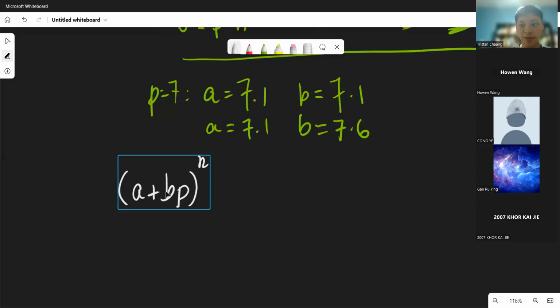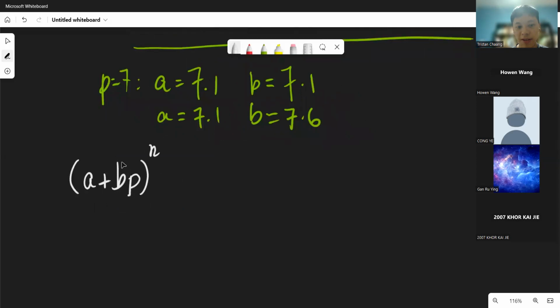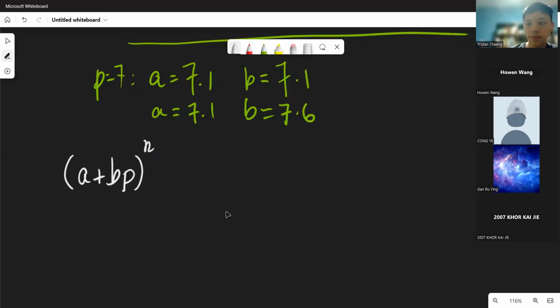Could be a multiple of p, may not be a multiple of p. But we can somehow take this whole thing and simplify it into something very simple, mod p squared. And how do we do that? Any idea? Binomial expansion and then delete all the powers of p above or equal to 2.